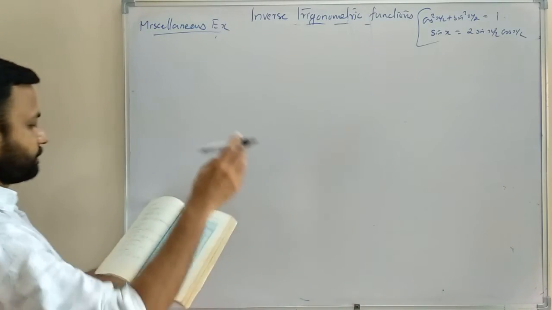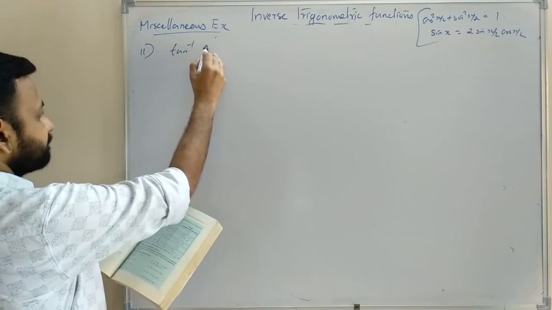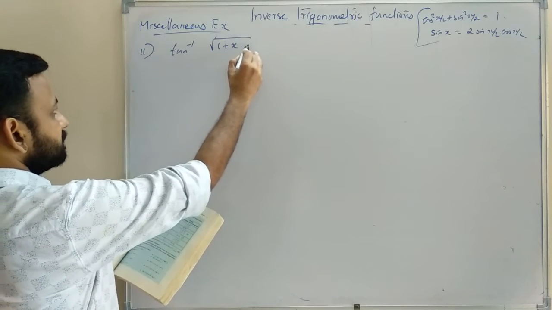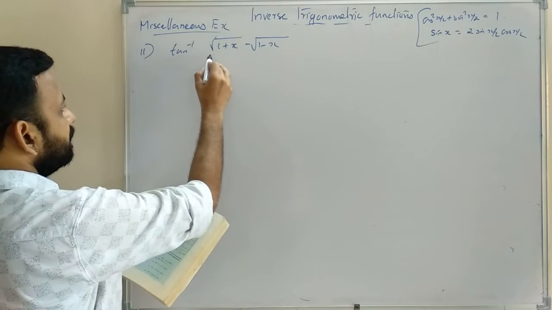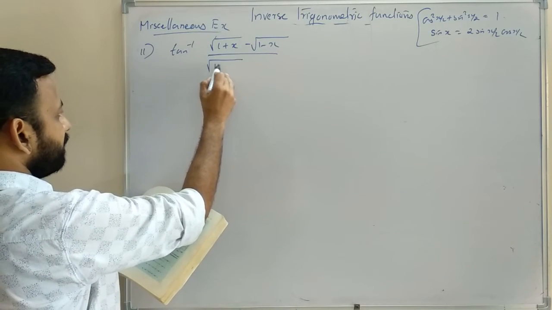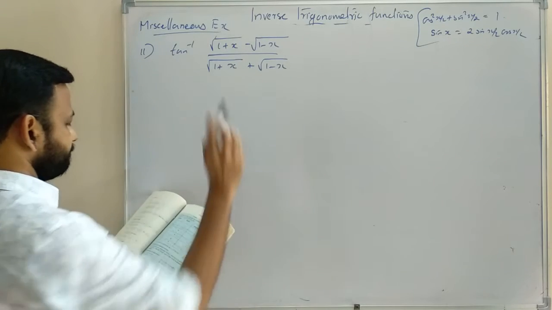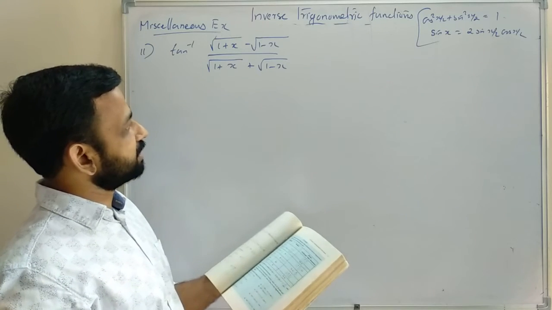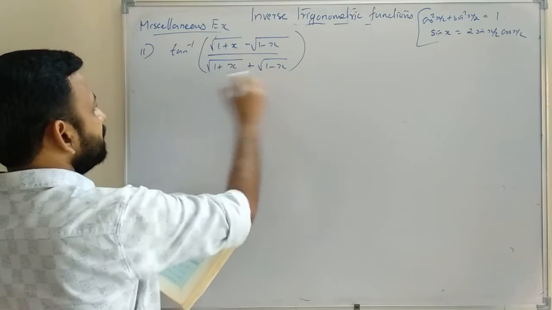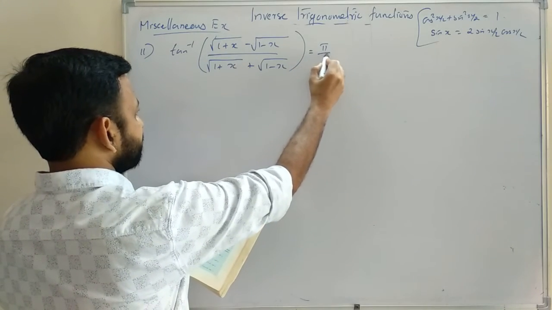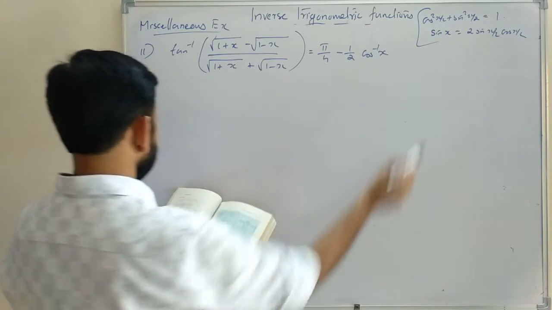Prove that tan inverse of under root 1 plus x minus under root 1 minus x divided by under root 1 plus x plus under root 1 minus x equal to pi by 4 minus 1 by 2 cos inverse x. That is our question.